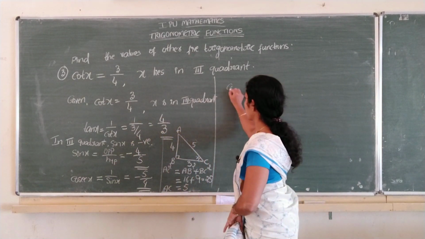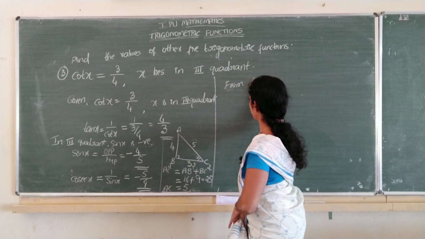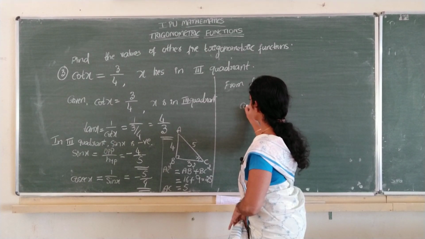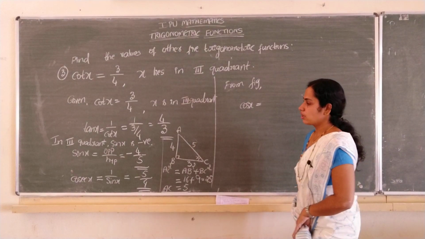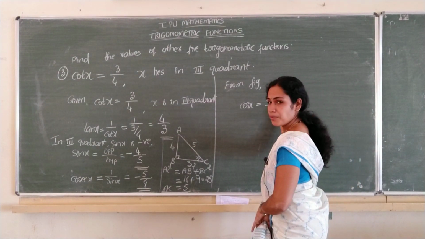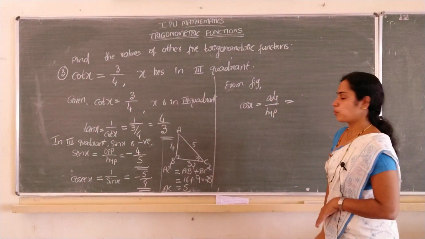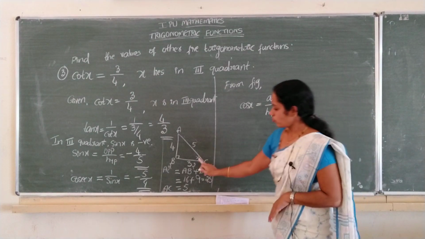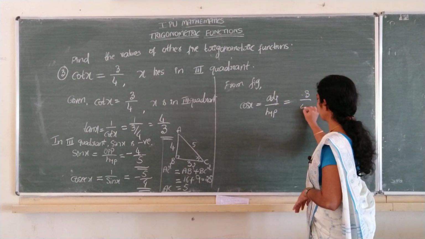What is the next one? Next we can write cos x, correct? From the figure, what is cos x? Cos x is adjacent divided by hypotenuse. What is adjacent here? 3 divided by 5. What is the sign?